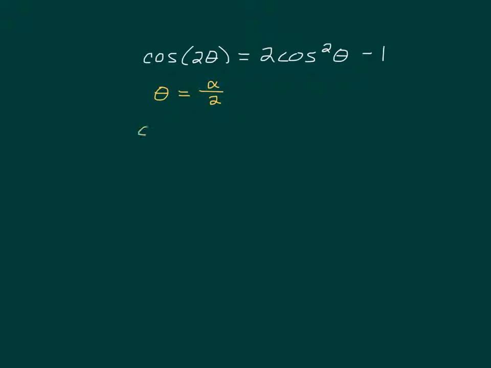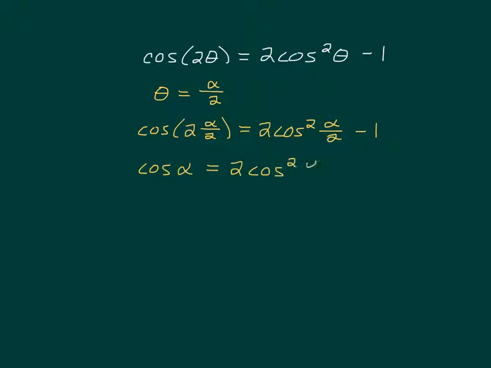Then what we get is cosine of 2 times alpha over 2 is 2 cosine squared alpha over 2 minus 1. And that's helpful because 2 times alpha over 2 is just alpha. So cosine alpha is 2 cosine squared alpha over 2 minus 1.